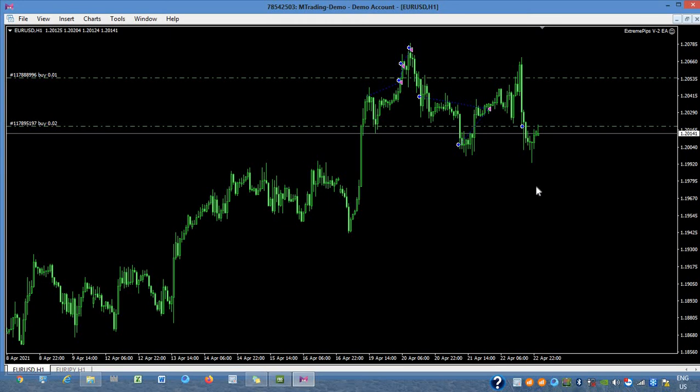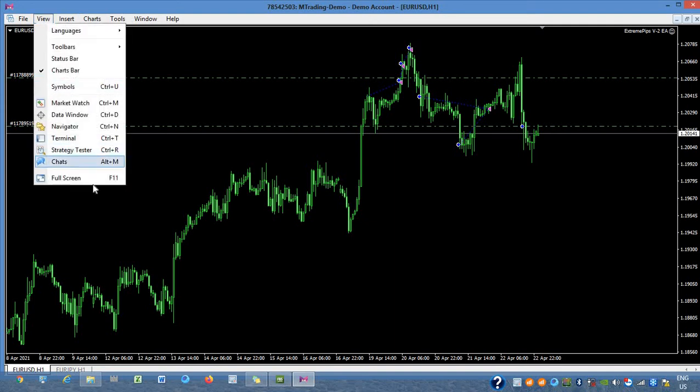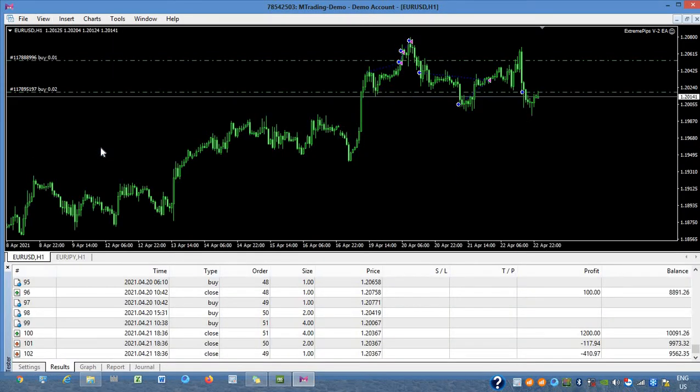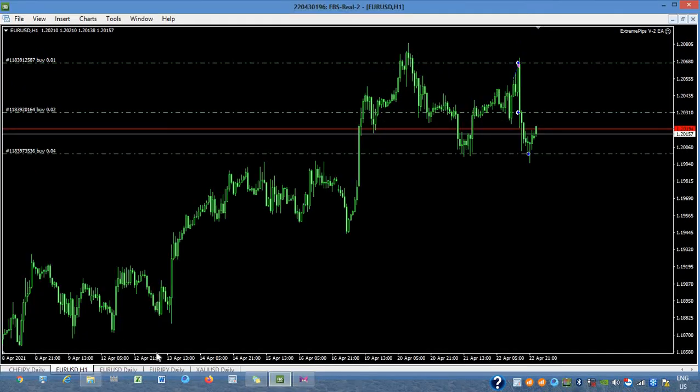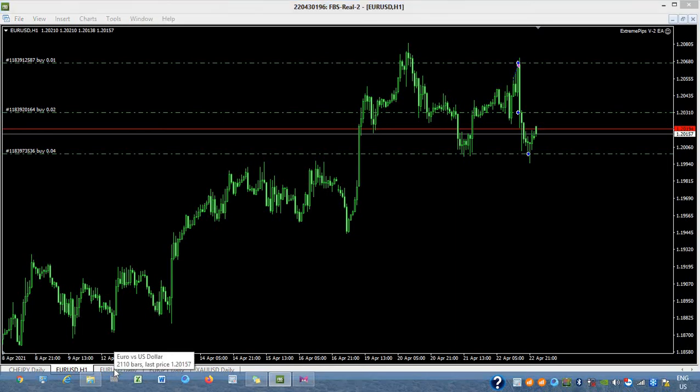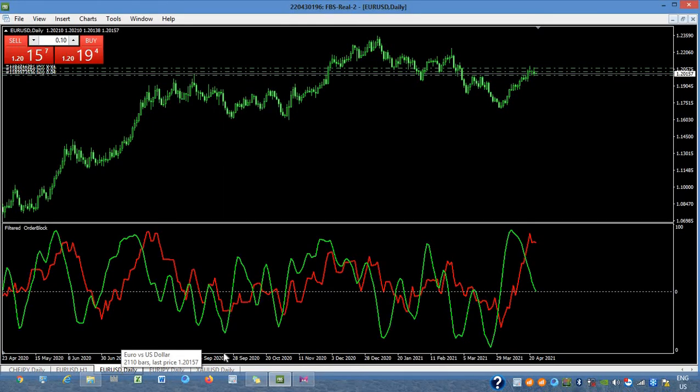So it has 2 entries. But anyway, guys, I will show you the result of the strategy tester I made yesterday night. So this is it. As you can see, on the daily time frame, this up of the order block reminds you that the trend will go up.